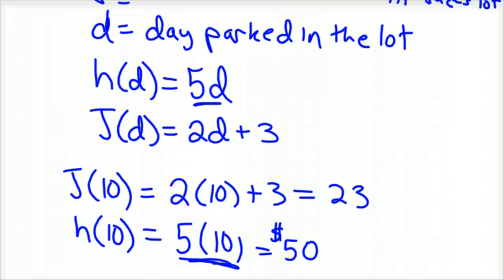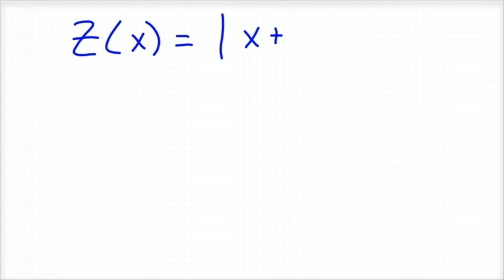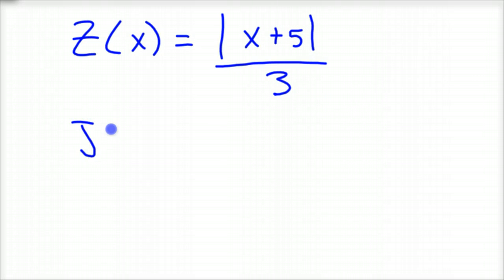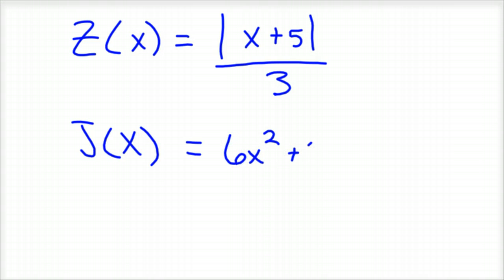And so that's one way of showing how you can tell two rules apart. We had two specific rules in this problem. We named them both separately. So just on a final note, let's give two more examples. We've used lots of different letters. Let's say Z at X equals the absolute value of X plus 5 over 3 is one rule, and maybe J at X is equal to 6x squared plus 2.